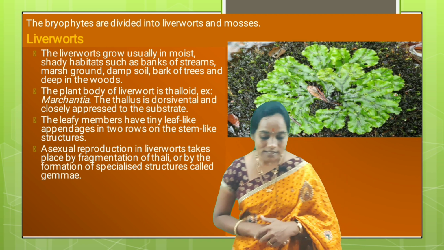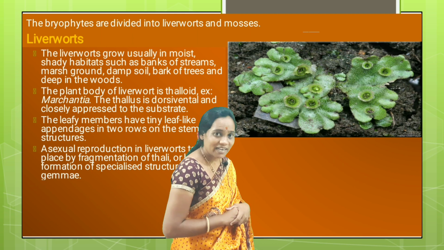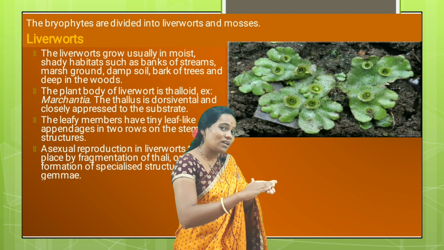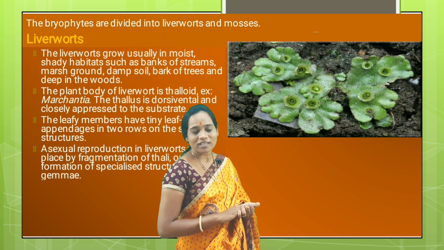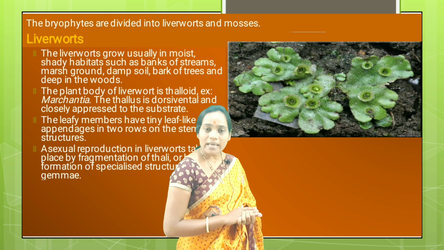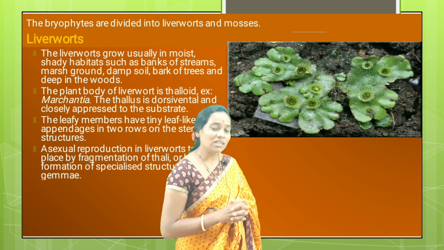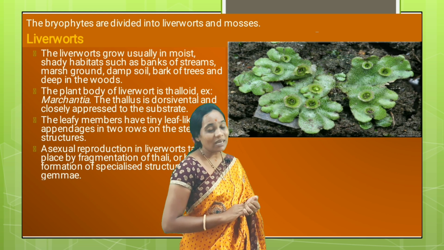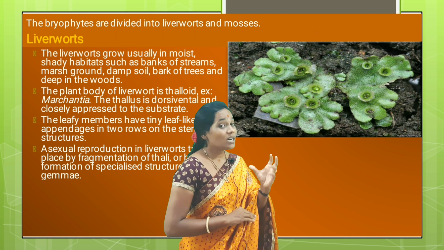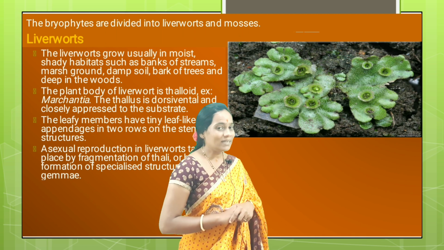Remember, you can see on the screen that gemma structures are clearly visible on the thallus of the liverworts. Usually they reproduce vegetatively by fragmentation, and asexually by producing specialized asexual reproductive structures called gemmae.